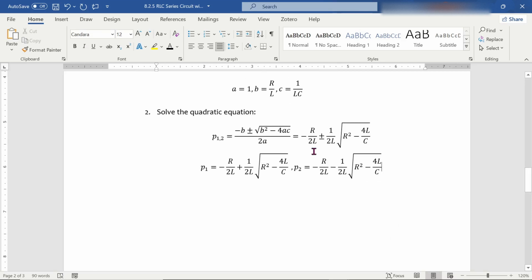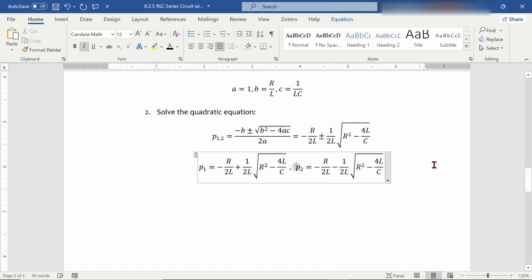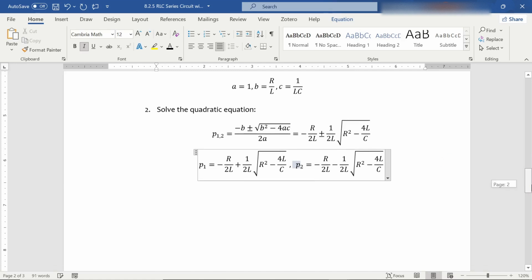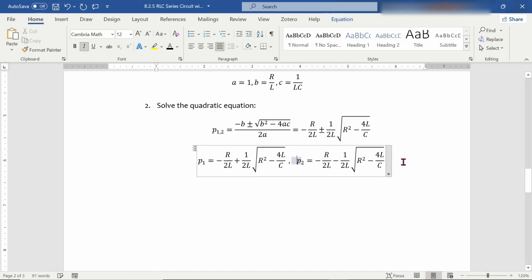But we can notice that, of course, there are two roots, and both of them are real numbers. None of this is imaginary. And since these are all real roots, we know the general solution for this.